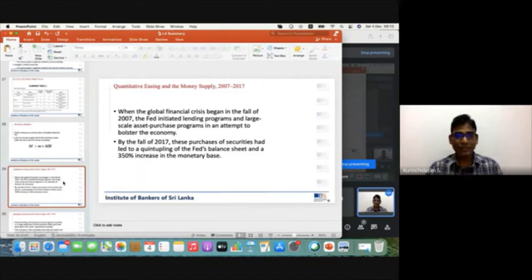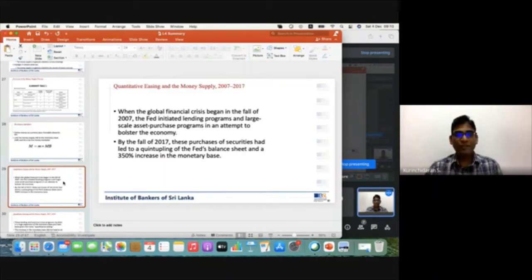As we discussed earlier, in crisis situations the central banks tend to increase the money supply, so that businesses can make more investment and activate economic activities. So through various programs, the central bank pumped money into the system.